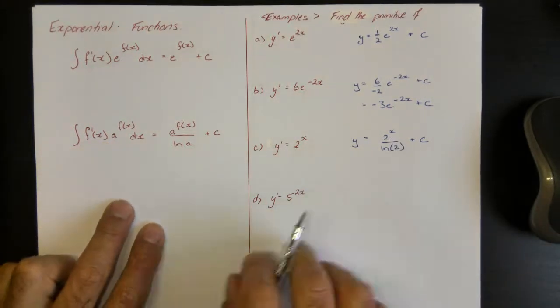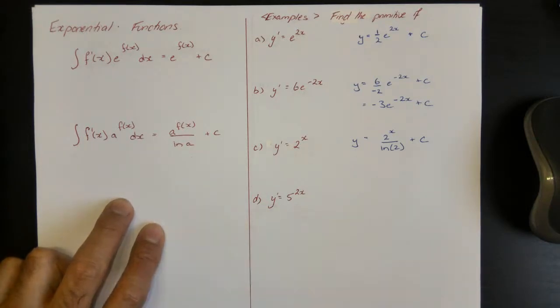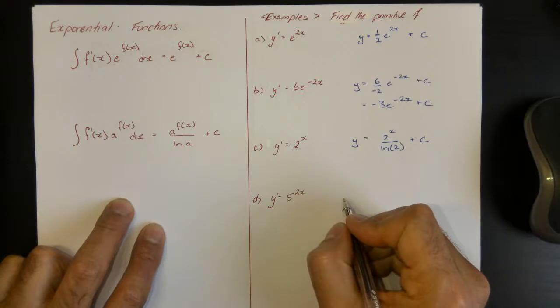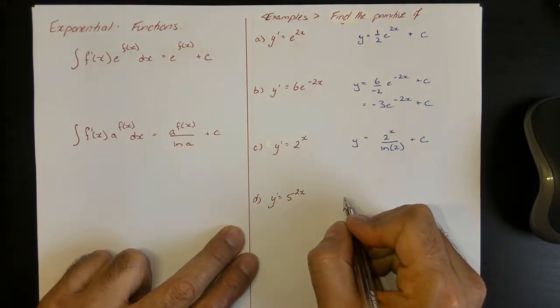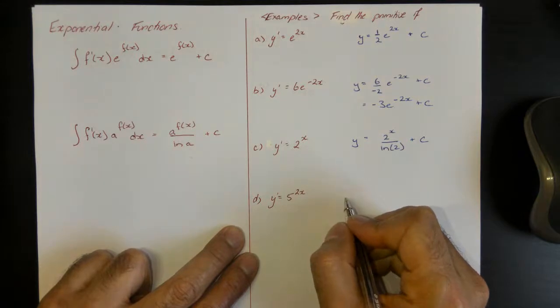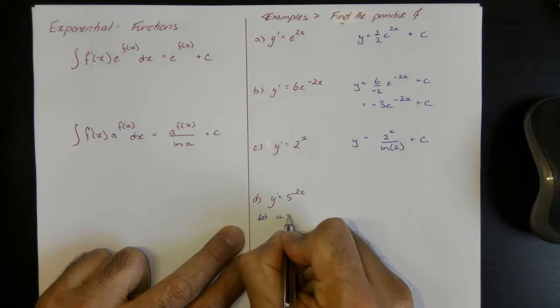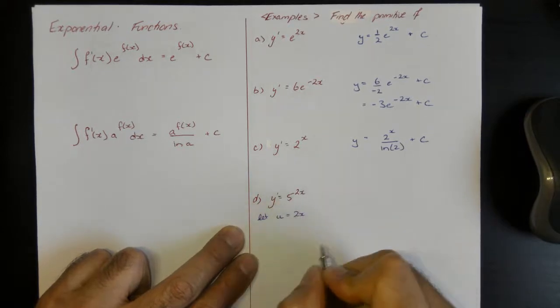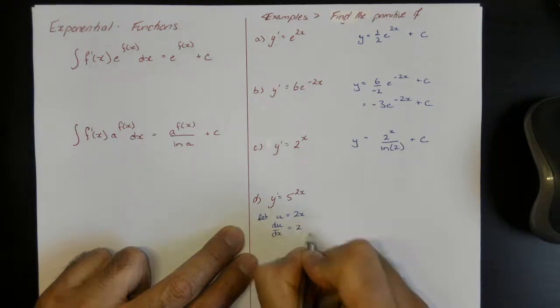Okay. Something like this, y dash equals 5 to the 2x. Okay, so in this situation, I'm going to do the substitution rule. So let u equal 2x, then du dx equals 2.